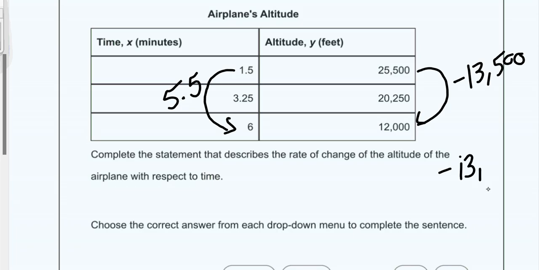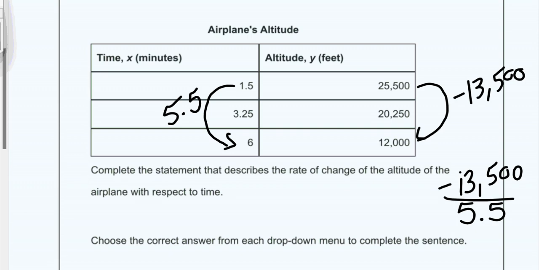So now to find my rate of change, I'm going to do my change in y, 13,500, divided by my change in x, meaning it decreased by 13,500 feet in 4.5 minutes.